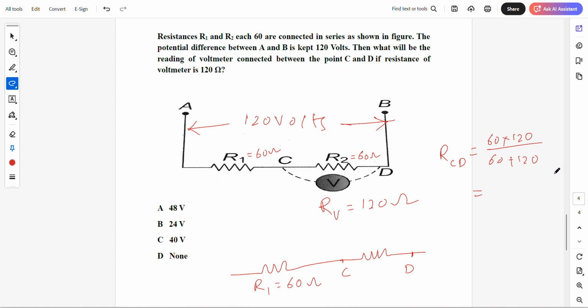60 into 120 divided by 60 plus 120. How to simplify this?